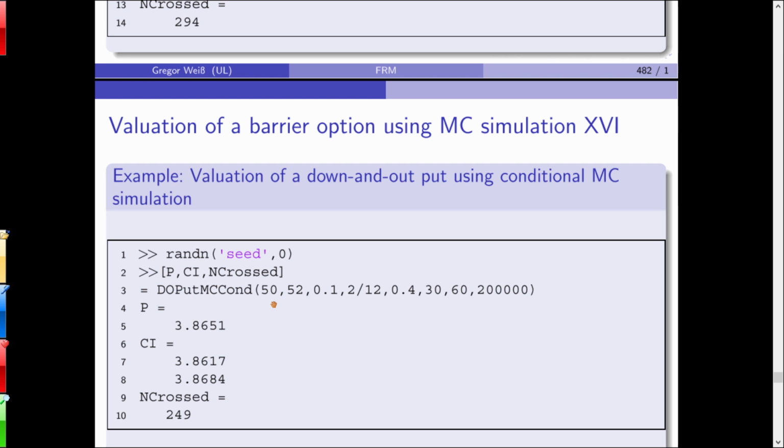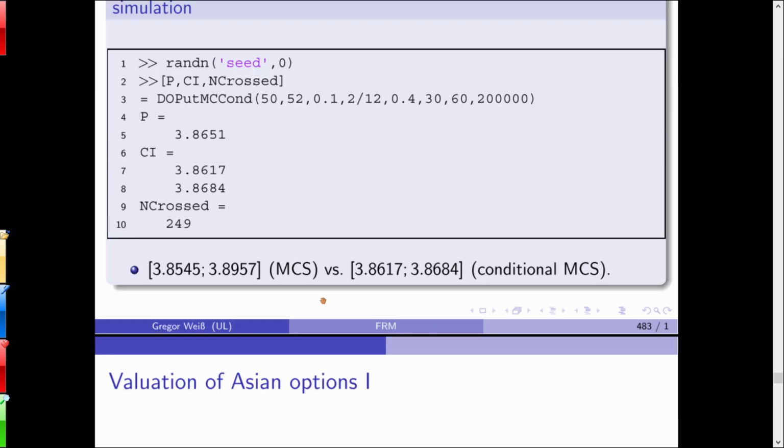And this is meant by variance reduction. You're using an estimator for the price, and this estimator has a certain variance. And the lower the variance of the estimator, the better. So we are looking for a very small confidence interval here. So this is the result here. The confidence interval is reduced.